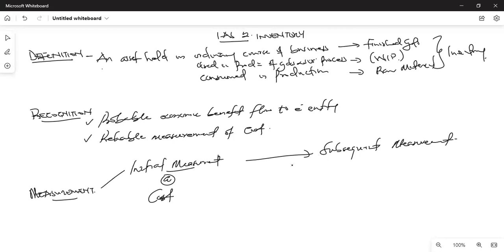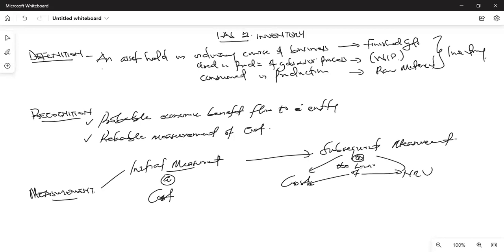Our subsequent measurement, inventory should be carried at cost, and we have, let's say, net realizable value. So inventory subsequent measurement is carried at the lower of cost and net realizable value.